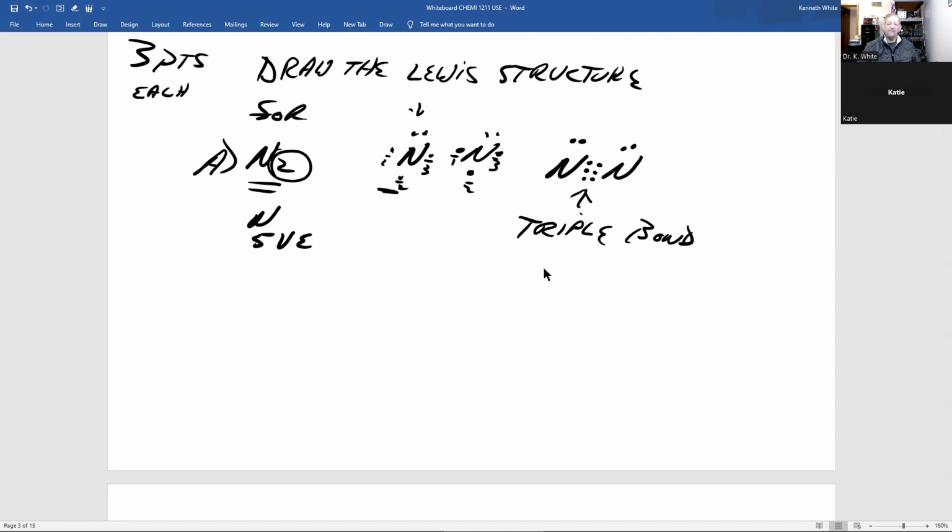And here we have nitrogen. We have a triple bond there. So nitrogen makes up about 80% of the air you're inhaling right now. And guess what you can do?